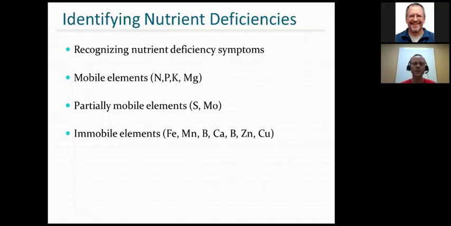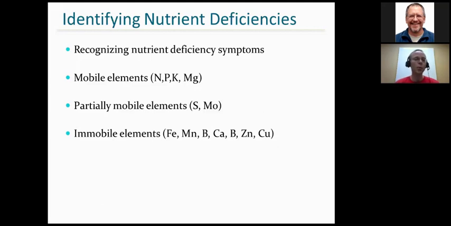And that's where it starts to get really tricky. People who are practiced at this will look at something and say, oh, that's magnesium deficiency, and it appears like they're just pulling magnesium deficiency out of the air. But the first question they asked themselves is, where is it showing up? Is it mobile, partially mobile, or immobile? And this drastically narrows down our field.